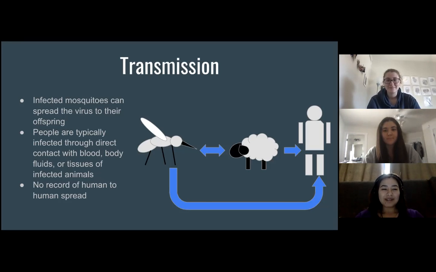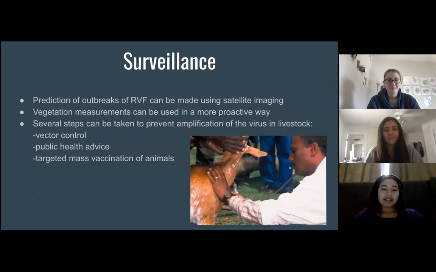Thank you, Elana. For surveillance, they could predict outbreaks of the virus by using satellite imaging, since vegetation growth responds to increased rainfall and variations in vegetation can easily be measured by satellite. Vegetation measurements can be used in a more proactive way to forecast the virus before cases reach epidemic proportions.